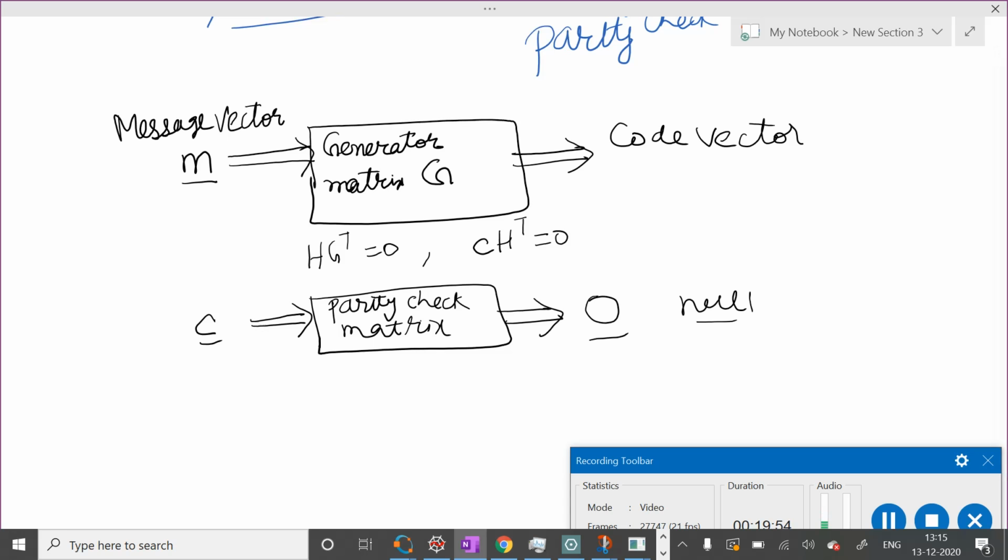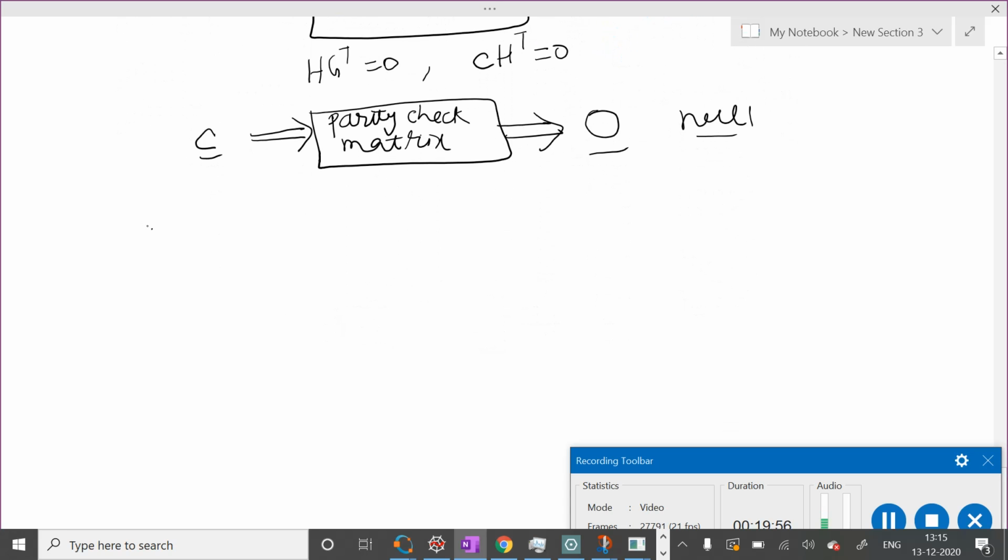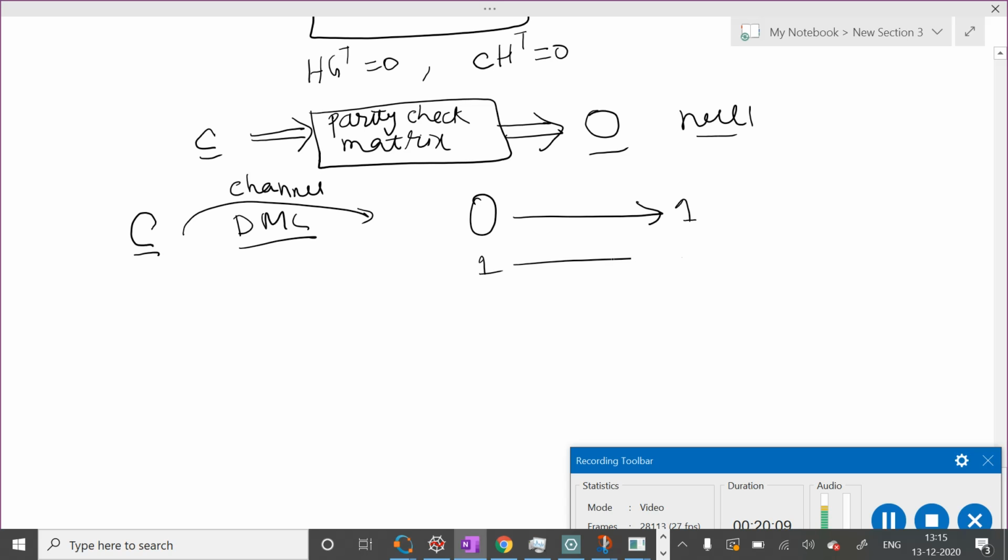Now when you transmit this code word over the channel, assume a discrete memoryless channel. What will a discrete memoryless channel do? 0 may get changed to 1, 1 may get changed to 0. So what you receive at the receiver will not be the code word. It will be a code with errors that we call R, the received vector.